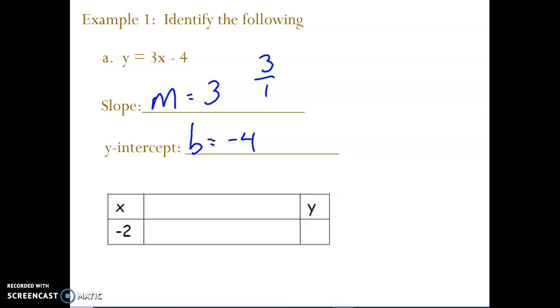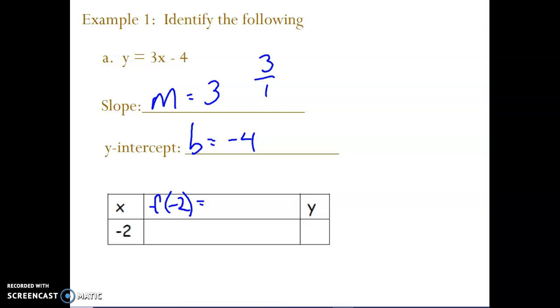All right, if I want to find a point on this particular line, this is something we've already worked on, just the phrasing is a little bit different. Do you remember the ones we did that look like this? f of negative 2. So f of negative 2 is the same thing as asking what is the y value when the x value on my line is negative 2.